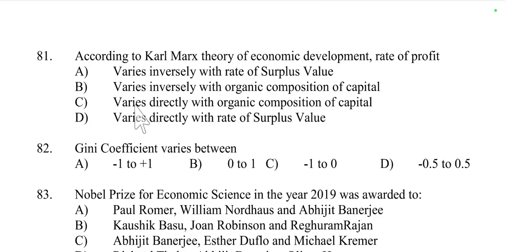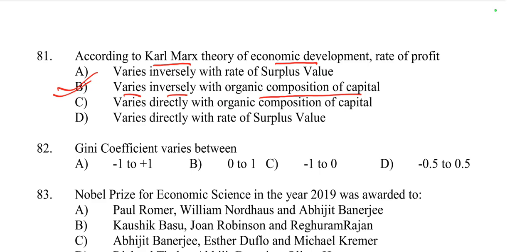According to Marx's theory, the rate of profit varies inversely with the organic composition of capital. So option B is right here, because Marx theorized that the rate of profit tends to fall as the organic composition of capital increases. Organic composition of capital means the ratio of constant capital to variable capital. So when the organic composition of capital increases, profit falls.